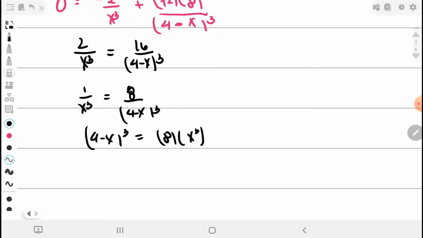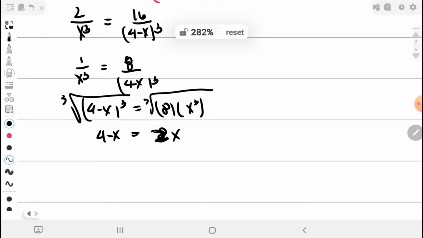From here, we take the cube root of both sides, so we have 4 minus x is equal to 2x.